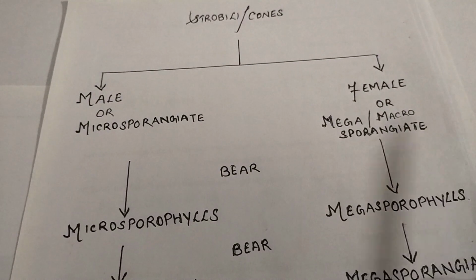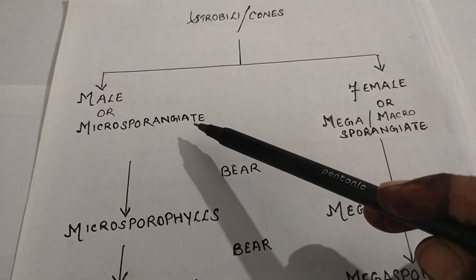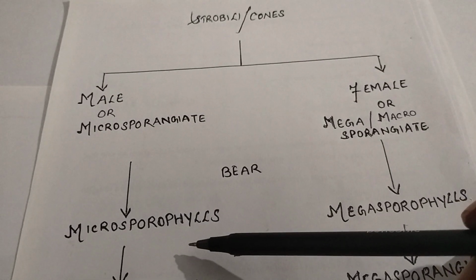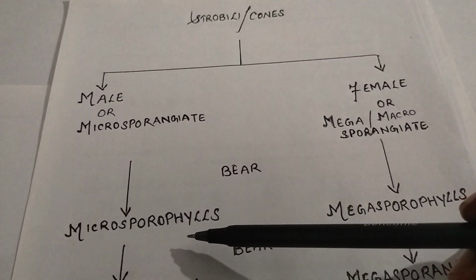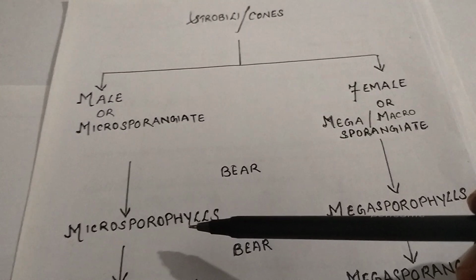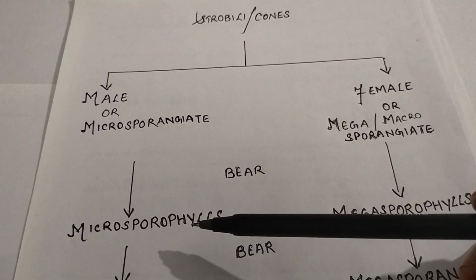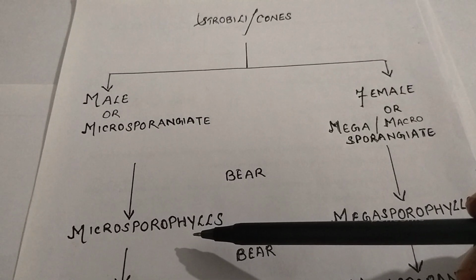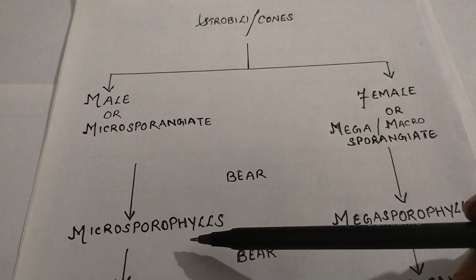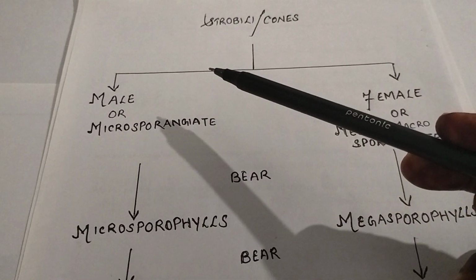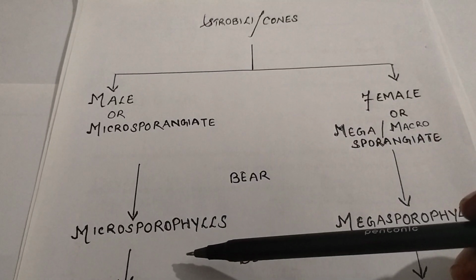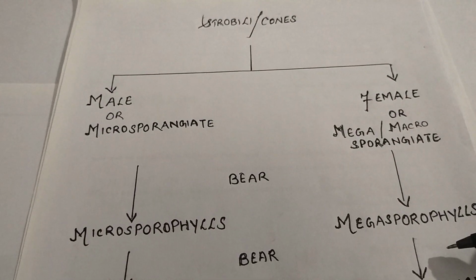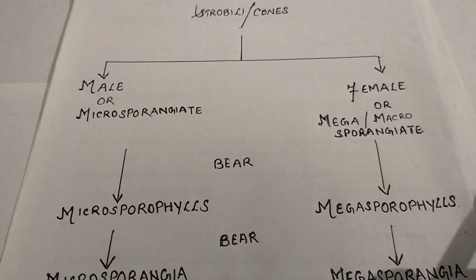Now what will happen? These strobili or cones, male cone will bear what? Microsporophylls. Just now I told you that as it is heterosporous, sporangia and sporophyll will also be of two kinds, micro and macro. So the male cone bears microsporophylls and female cone bears megasporophylls.